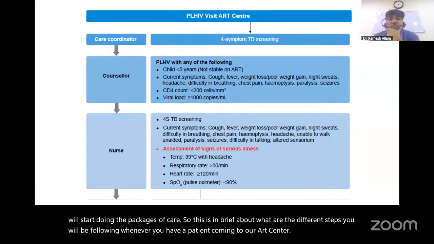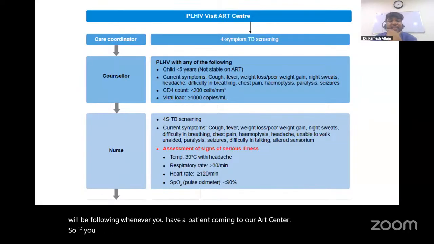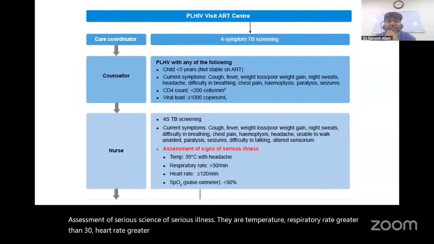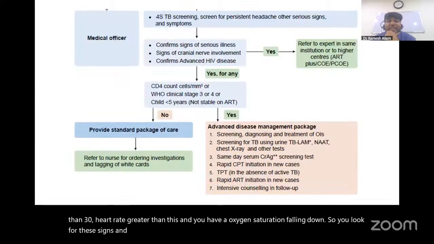If you zoom into each of these things, the signs of serious illness are like temperature, respiratory rate greater than 30, heart rate greater than this, and oxygen saturation falling. You look for these signs, and if serious illness is confirmed by the medical officer, they are referred for expert opinion.